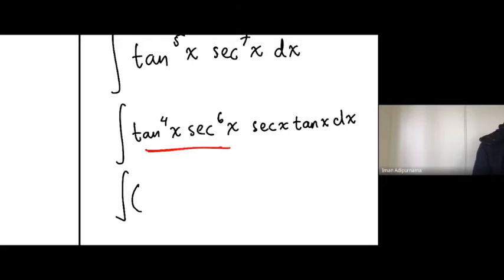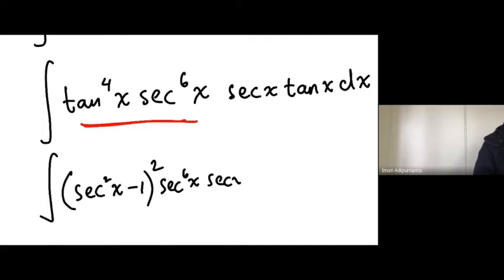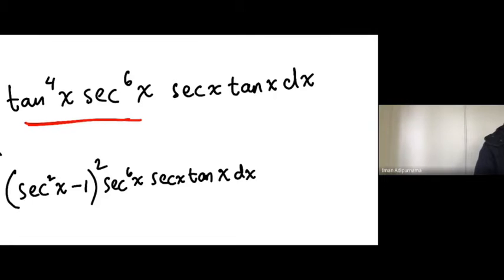So this becomes secant squared x minus 1 and then squared, okay? That becomes the tangent squared and then squared, it becomes 4, right? And then the other one, let me write the rest. Okay. And the rest is substitution. We need to sub the secant x.